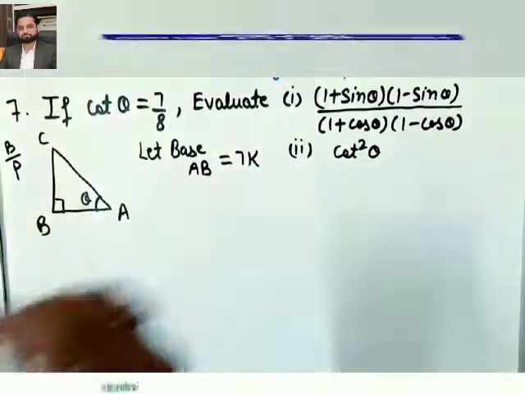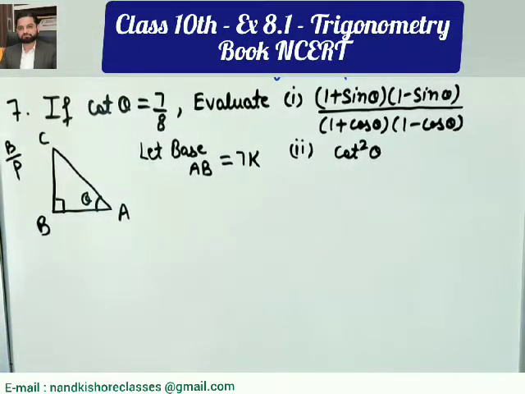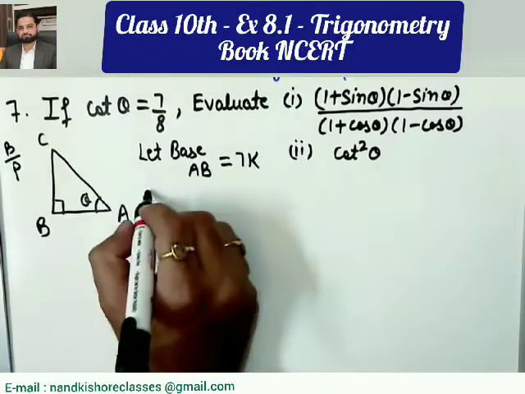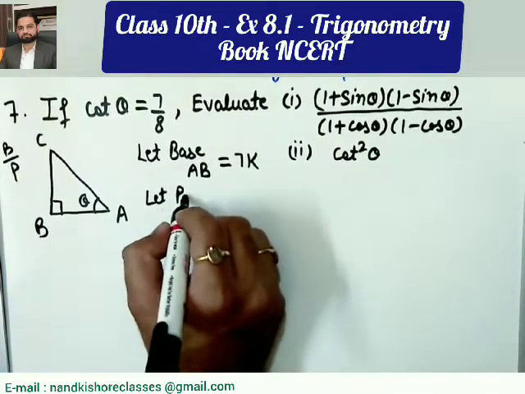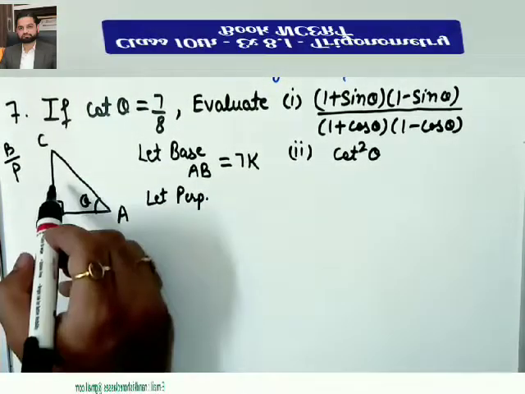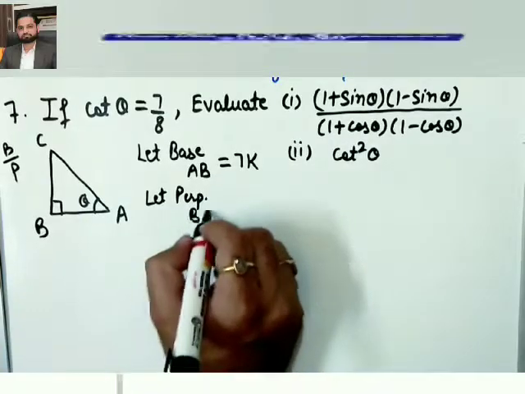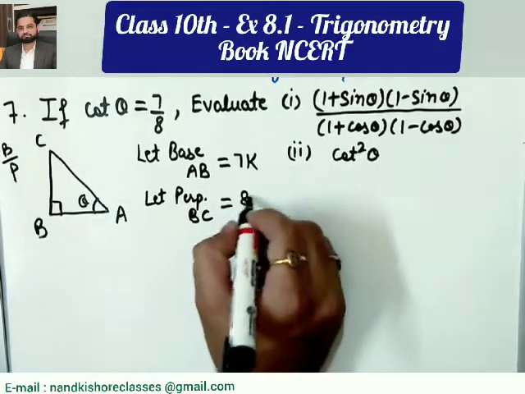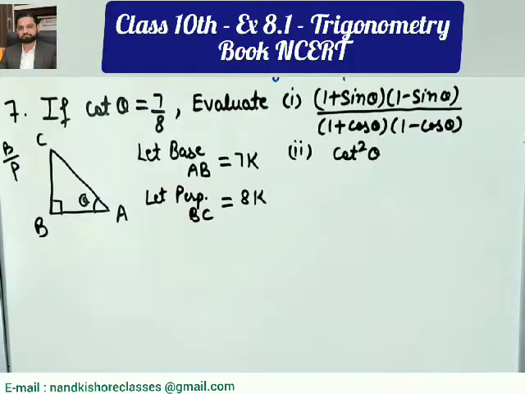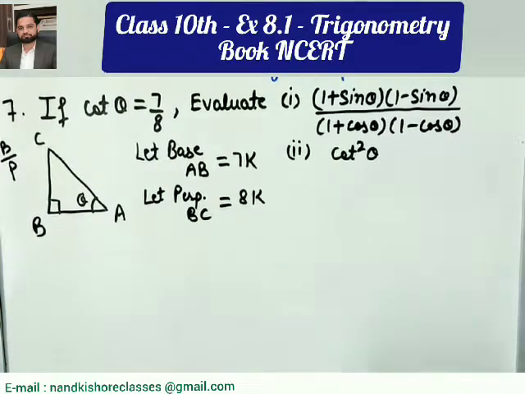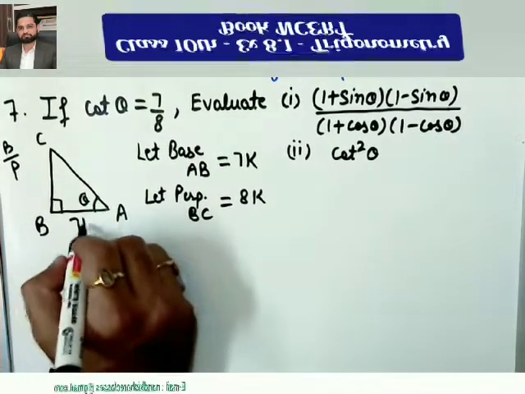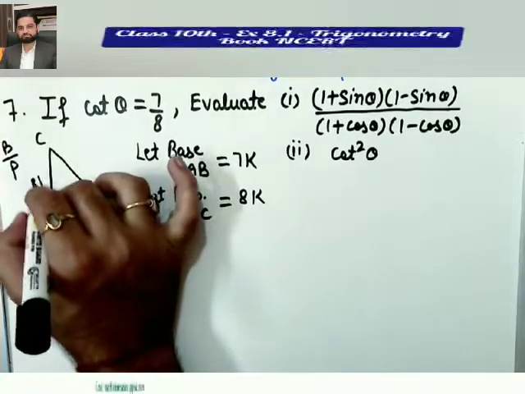Then let perpendicular be BC, equal to 8k. So I have supposed 7k as well as 8k. Let me write here. This is 7k and this is 8k.